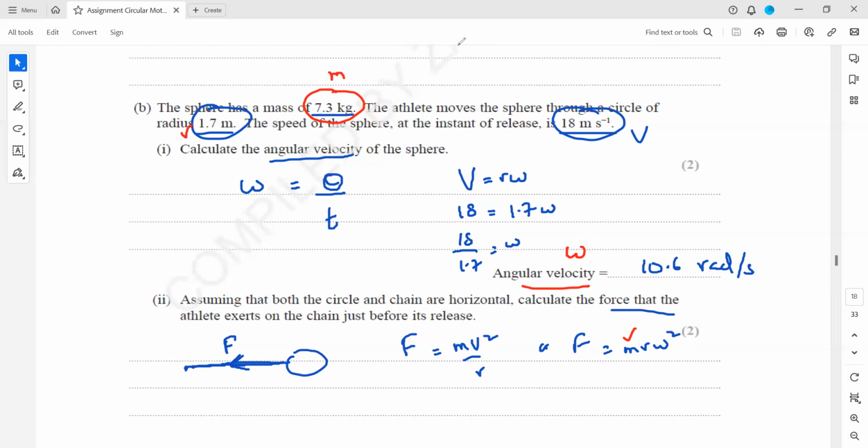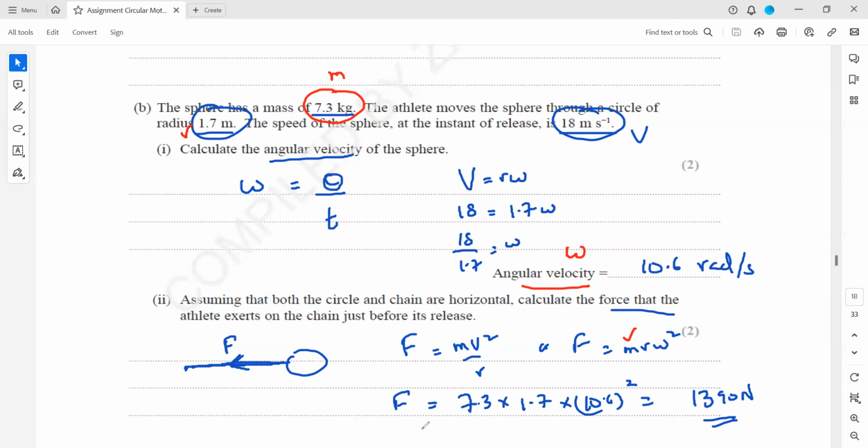So we substitute the values: mass is 7.3, radius is 1.7, and omega, the angular velocity, is 10.6, squared. So F equals m r omega squared. This will give us 1,390 newtons.